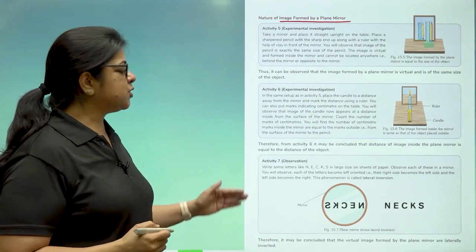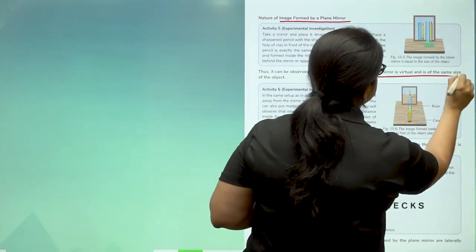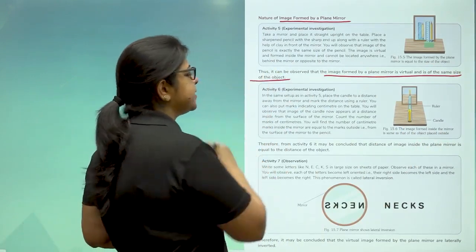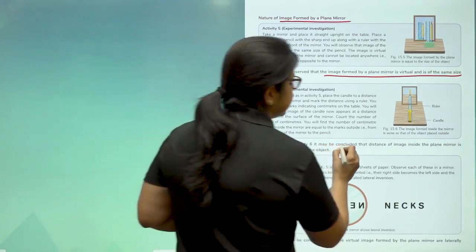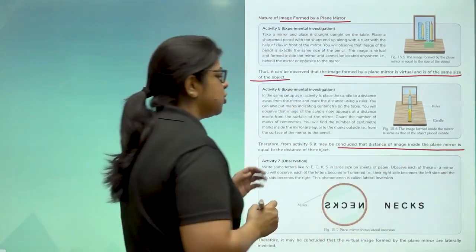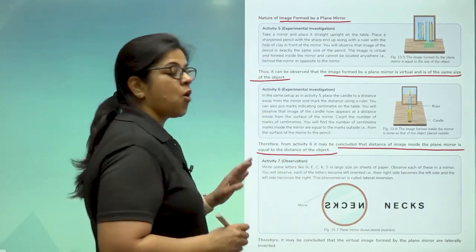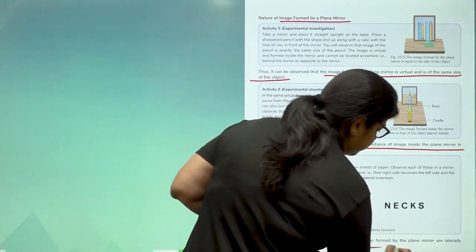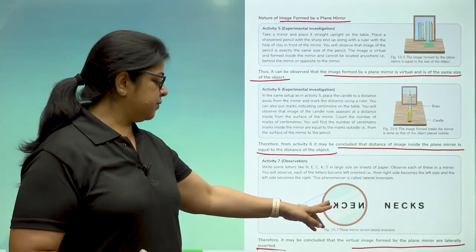So with this series of experiments, you will understand that the image formed by a plane mirror is virtual and it is of the same size as the object. This experiment will tell you that the distance of the image inside the plane mirror is equal to the distance of the object outside it. Third, virtual images formed by plane mirror are laterally inverted.